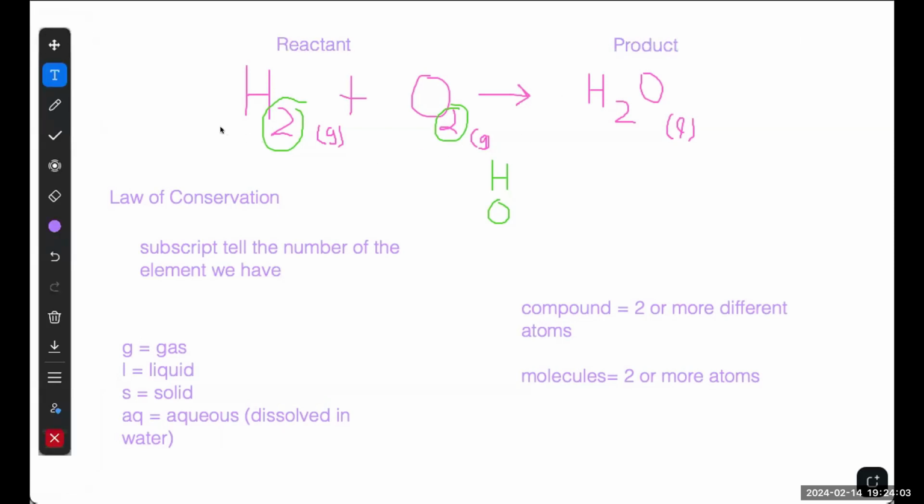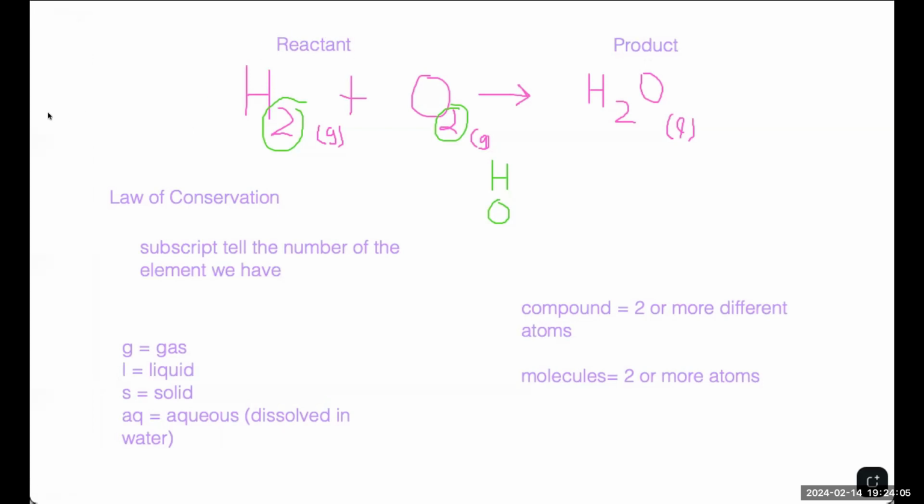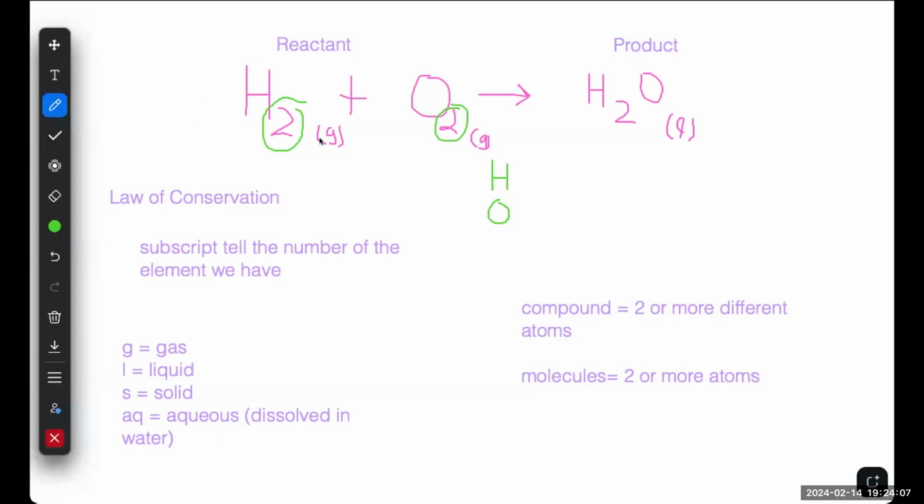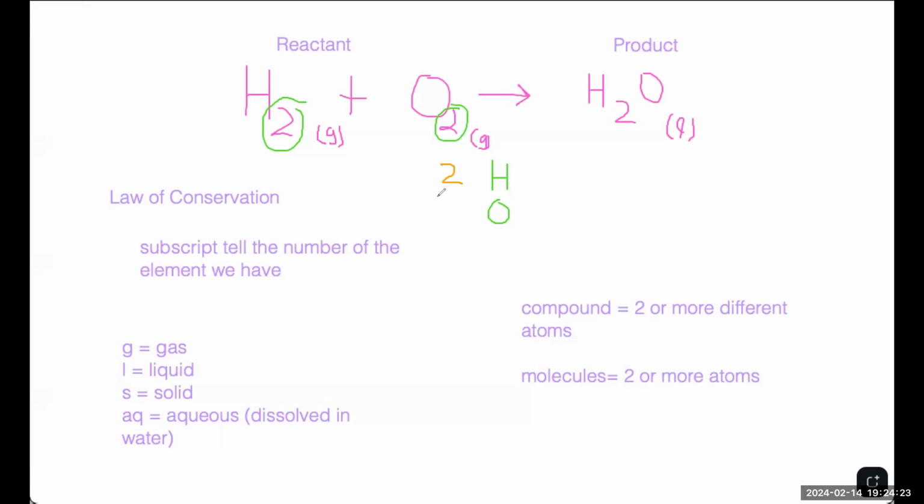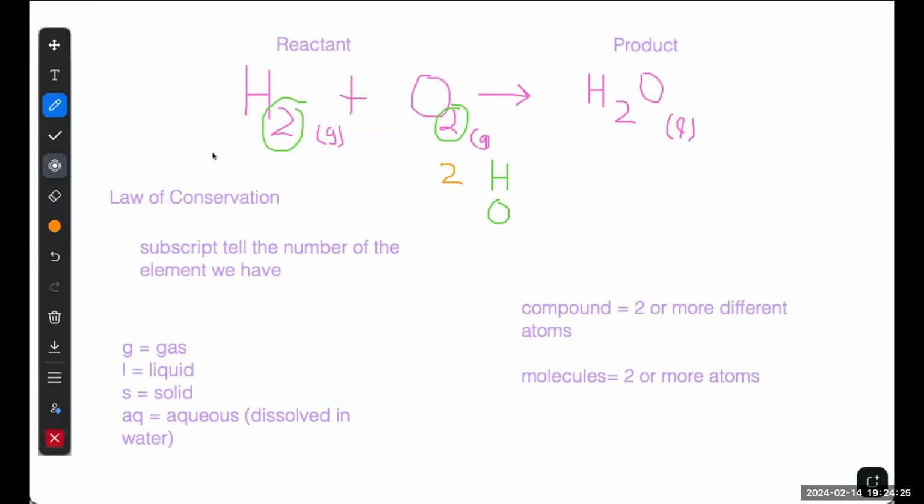On my reactant side, how many hydrogens do I have? Two. How many oxygens do I have? Two.